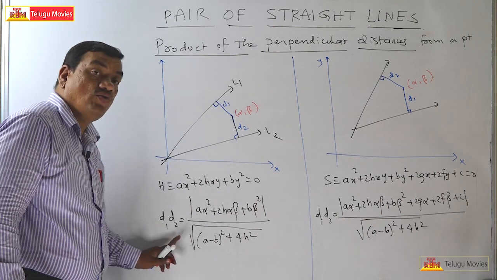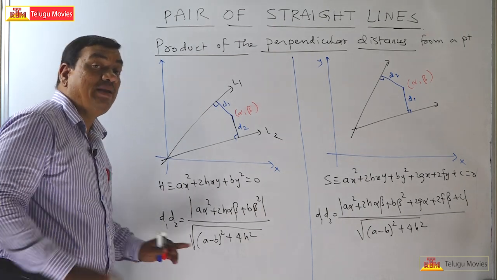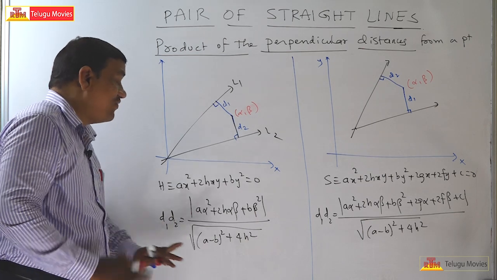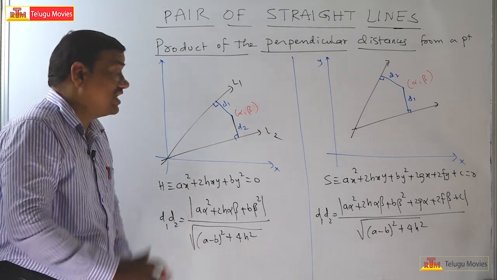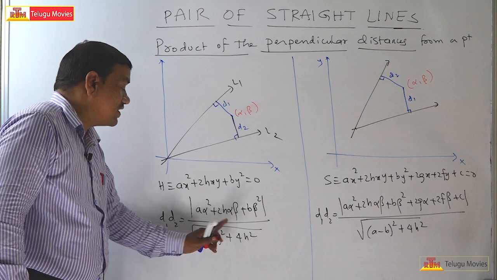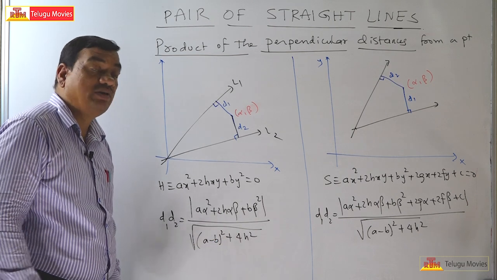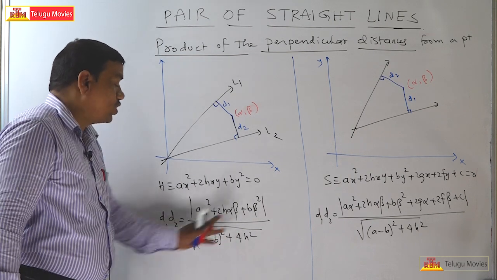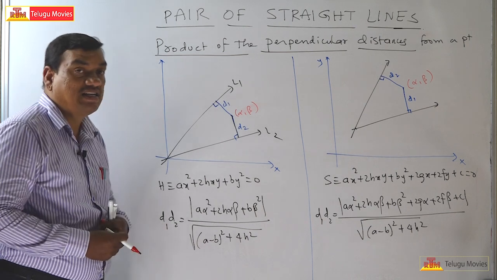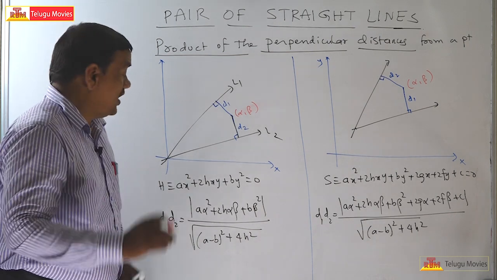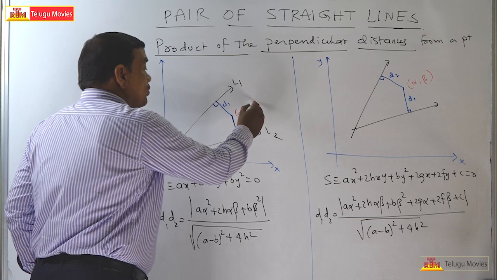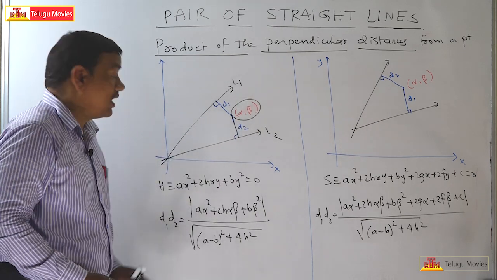So if you want to know the product of the perpendicular distances, that is d1 into d2, it is given by the formula a alpha square plus 2h alpha beta plus b beta square upon root of a minus b whole square plus 4h square.